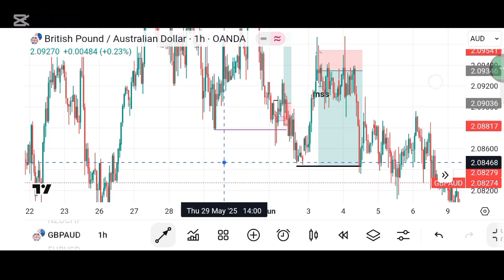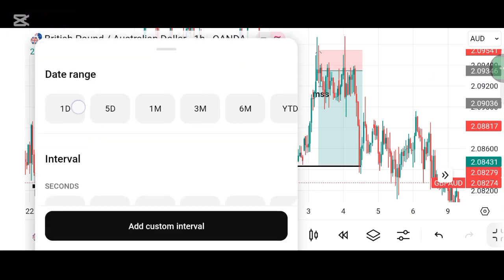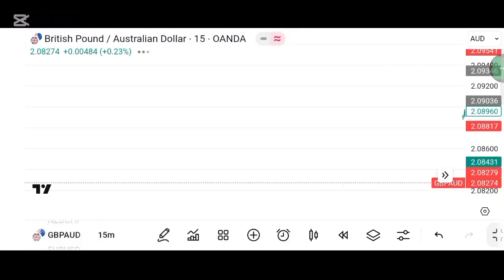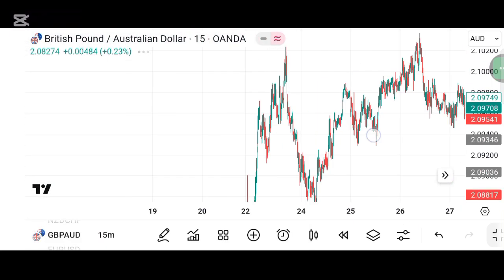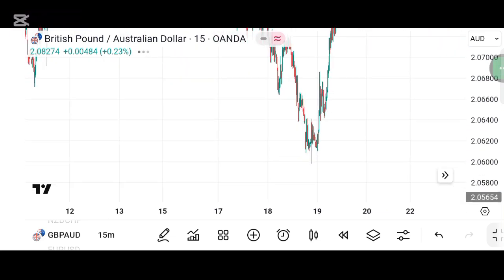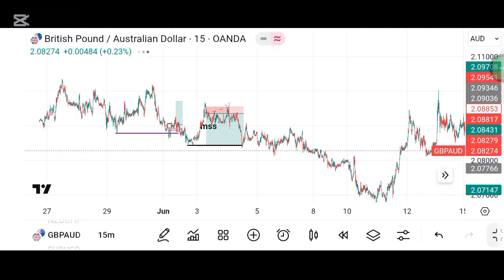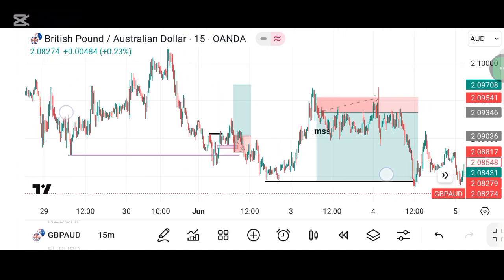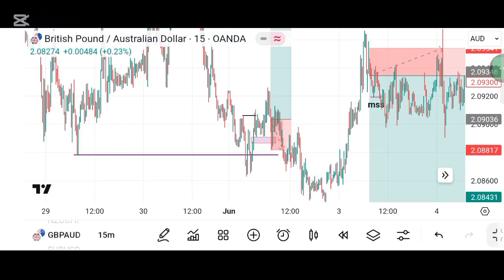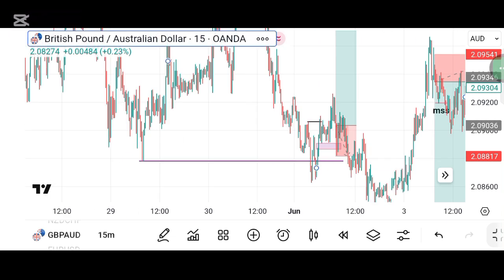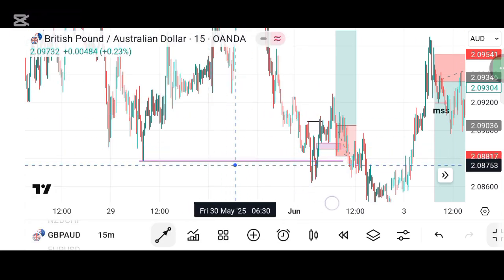Now let me go to the 15-minute time frame, let you see what I'm saying. So after that sweep of liquidity around here, I had my confirmation.